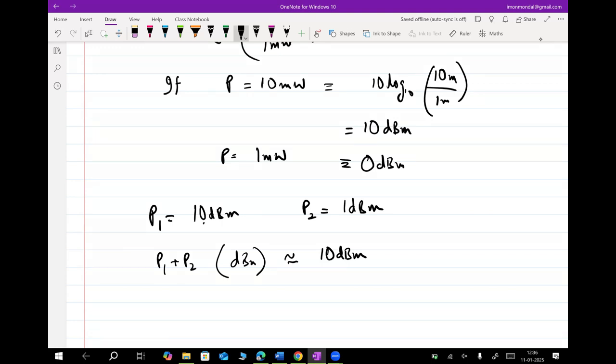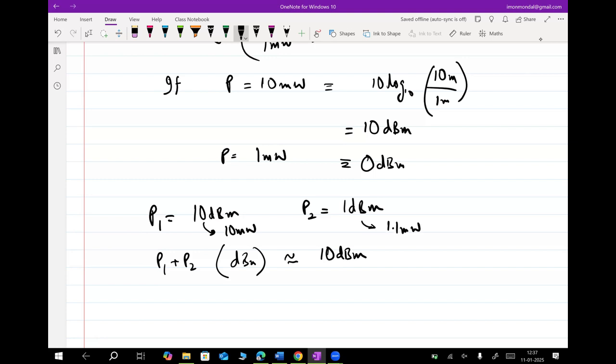Why? Because this is 10 milliwatt. And this is approximately how much? 1 dB, 0.1? You sure? 0 dBm is 1 milliwatt. It has to be at least more than 1 milliwatt. So approximately it comes down to 1.1 milliwatt, right?